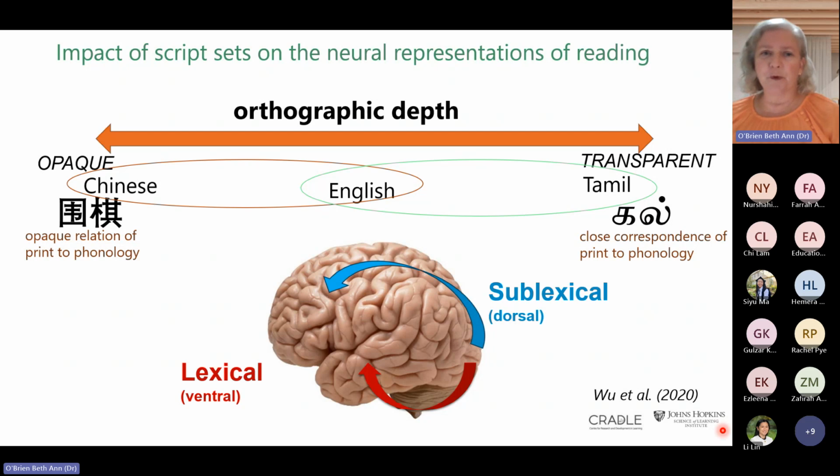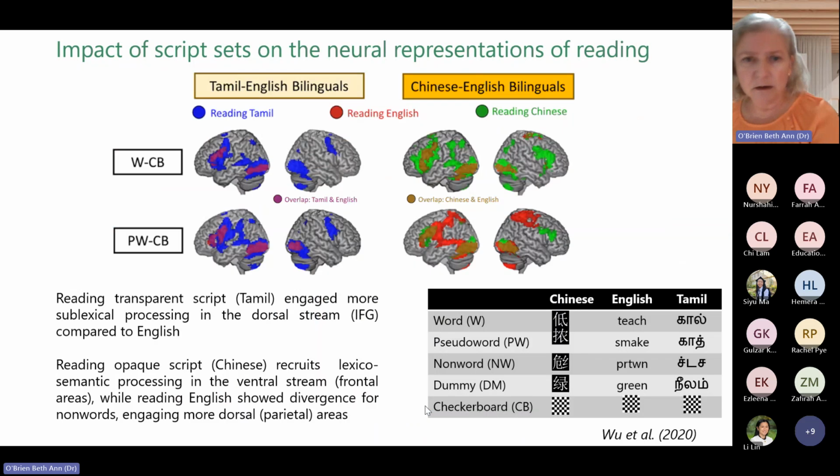And so both what's activated when they're reading either Tamil or Chinese was of interest, but also whether there are differences when they're reading English based on their other language. So in this study, I'll just show one of the slides, and this is done by a colleague, Joyce Wu, who's at NIE now. And so the participants went through the scanner reading.